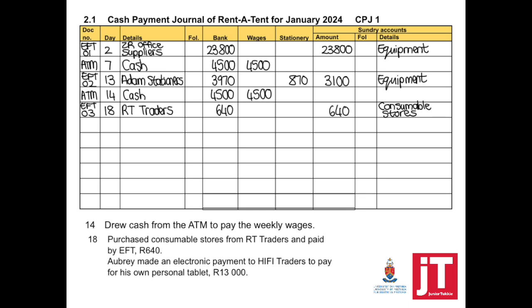Now, on the same day, the owner took money for personal use. She purchased a tablet from Hi-Fi Traders for 13,000, and because this is for personal reasons, this must be recorded as drawings.